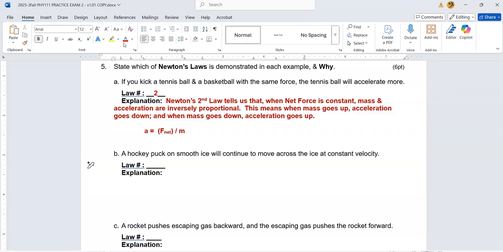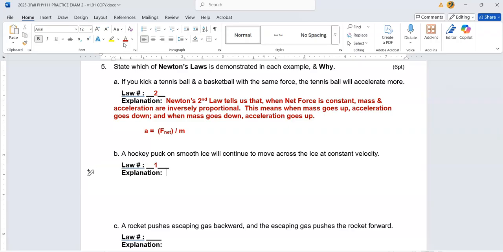Well, if nothing's going to change it, if there's no added net force to the hockey puck, and we're assuming there are no horizontal forces on the hockey puck, it has two vertical forces. There's the weight force and the normal force, but those balance each other out. And horizontal forces, there are none, so if it's already moving at a constant velocity, it will keep moving, and Newton's first law tells us that.